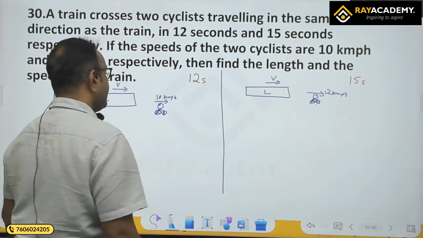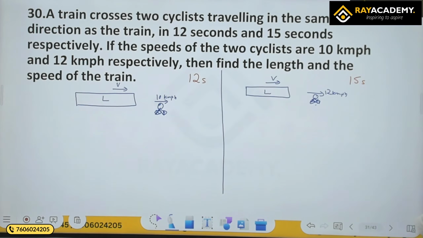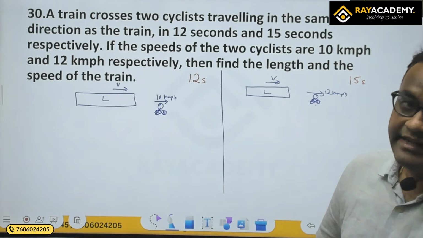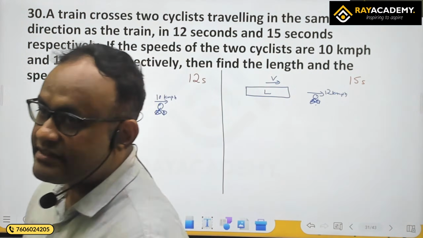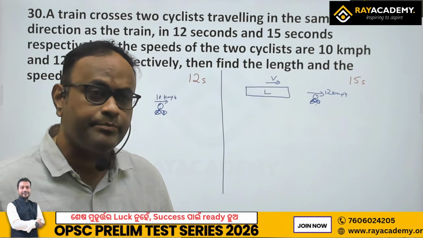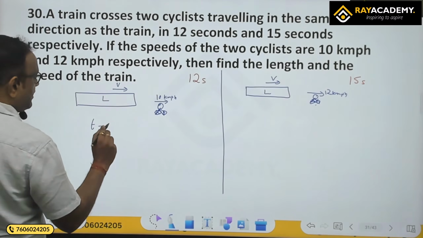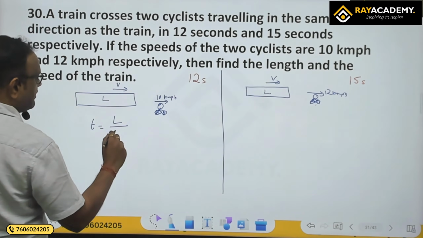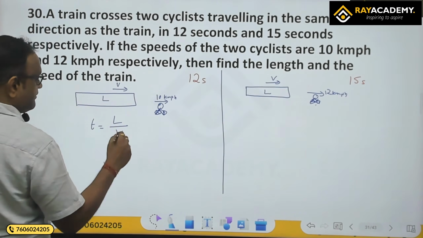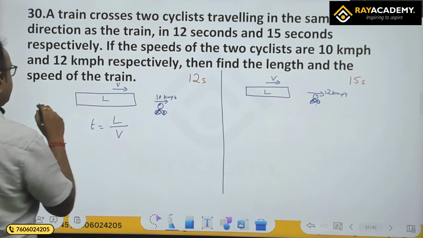Now see, if the train crosses the cyclist in 12 seconds, that means in 12 seconds the train is traveling its own length, because the cyclist you can take as a point object. So formula: time equals L by V. But what is V? They are traveling in the same direction, so you have to take the relative velocity.